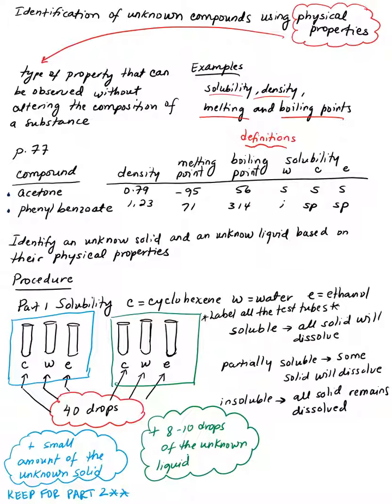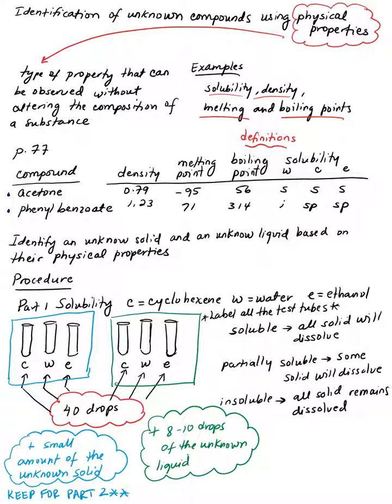For solubility, you have W, C, and E. This is water, cyclohexane, and ethanol. Three different solvents that you're going to be using to determine the solubility of your unknown compounds. The S means soluble, the I means insoluble, Sp is partially soluble. So for example, acetone, the first one, is soluble in water, soluble in cyclohexane, and soluble in ethanol.